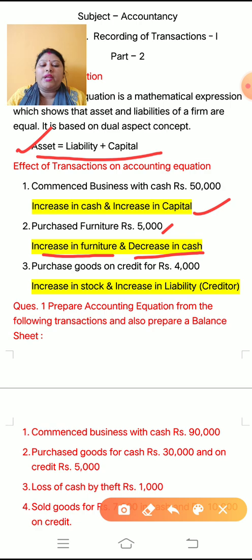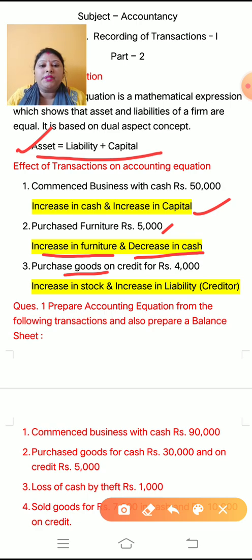Now next, purchase goods on credit for rupees 4,000. Goods means items in which the business deals. What do you have to do?